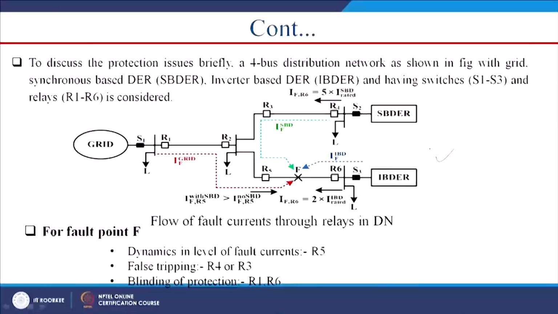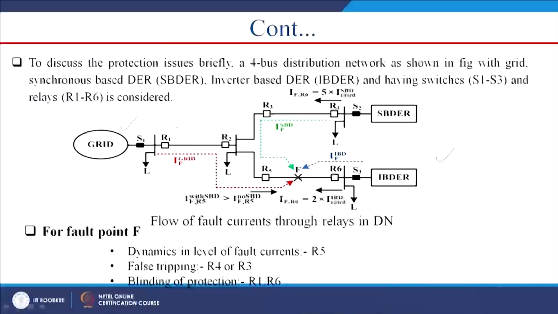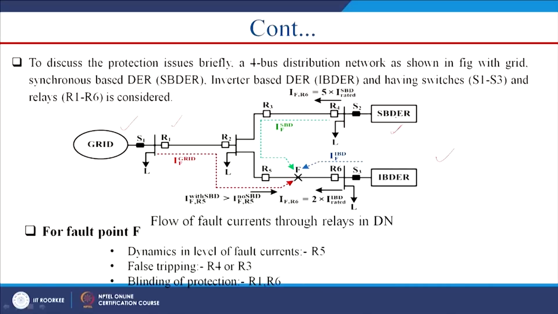Now, I will take this particular picture, and the concerns or issues we have discussed previously, we will just give one example through this particular figure. This is our grid, and this is one relay R1, this is relay R2, R3, R4, R5, R6. We are assuming here that all the relays are overcurrent relays, and this is one synchronous based DG, and this is inverter based DG.